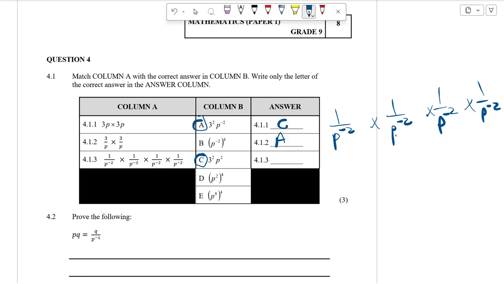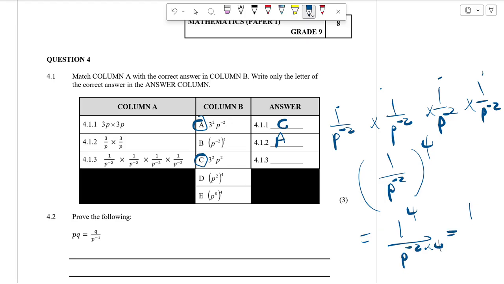Or we can see how many of these there are. 1, 2, 3, 4, is the same as 1 over p to the power of minus 2, all to the power of 4. So it is the same as 1 to the power of 4 divided by p to the minus 2 multiplied by 4. And then it's the same as 1 multiplied by p to the power of minus 2 multiplied by 4.